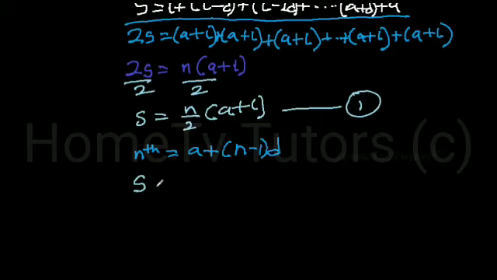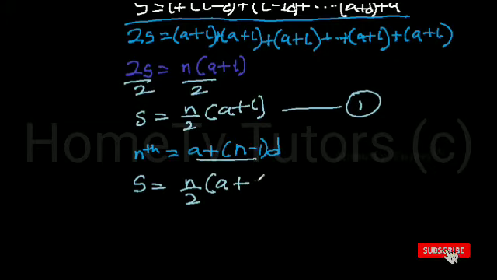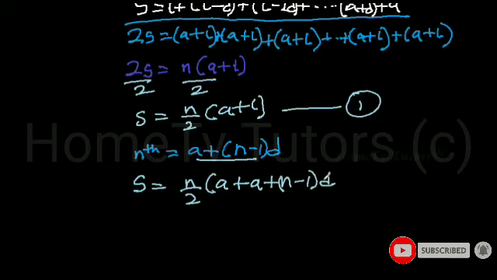So we have S equals N over 2 bracket A plus, this will represent L now, A plus N minus 1 bracket D.